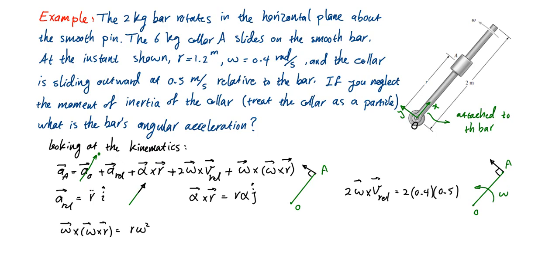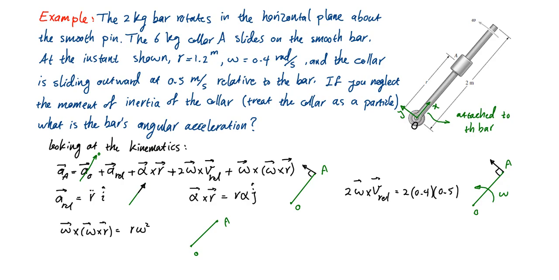So if this is OA, let's say this is point O and this is point A. When we're talking about the direction of omega cross omega cross r, we said the direction is always from the point we're studying to the origin of the local coordinate frame.